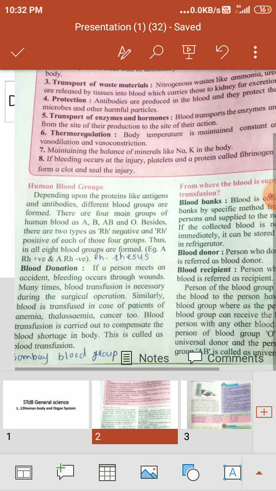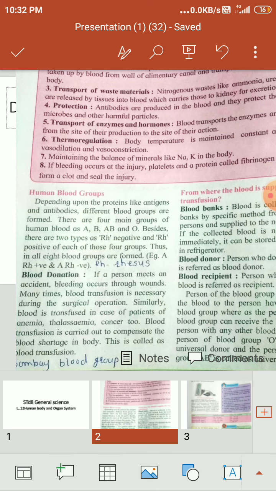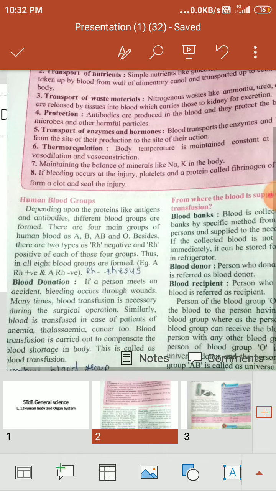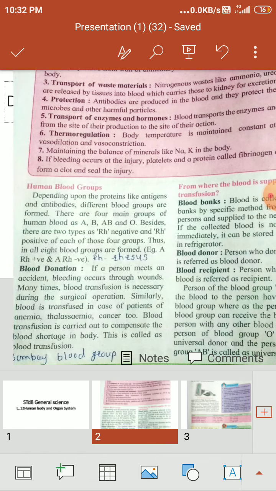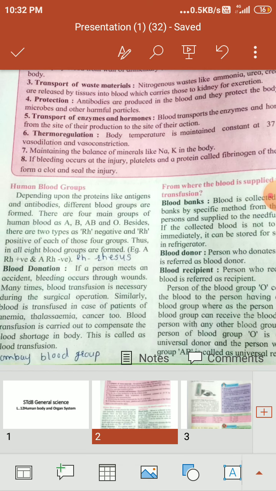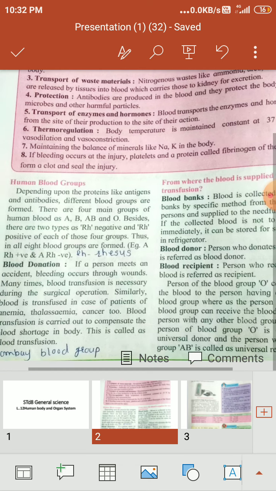Now, the main groups of blood groups. There are four groups: A, B, AB and O. Besides, there are two types of blood also, Rh negative and Rh positive, for each of those four groups. Thus, in all, 8 blood groups are formed.